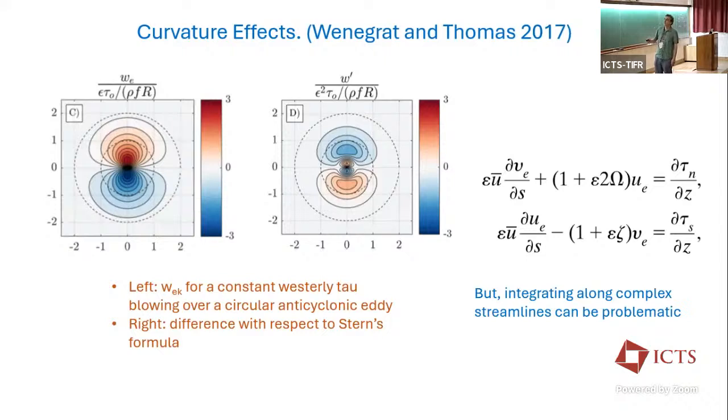So this is an eastward flow over an anticyclonic eddy, going like this in the northern hemisphere, and this is their W. And this is the difference between their W and Stern's formula. It wasn't clear if they used what I call the modified Stern's formula or Stern's formula, but you see that there are order one differences here. So anyway, you get a different solution.